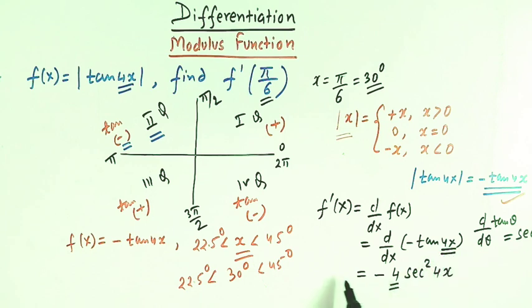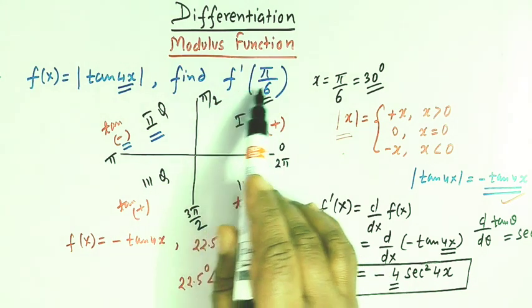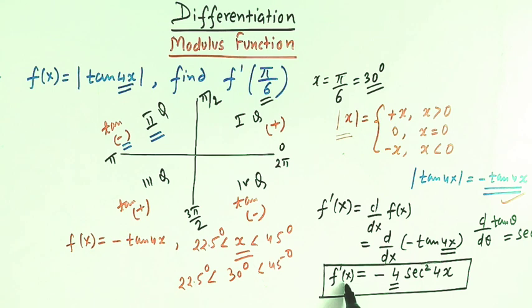So f prime of x is equal to minus 4 times secant square 4x. Now f prime of pi by 6 can be obtained by substituting x is equal to pi by 6.